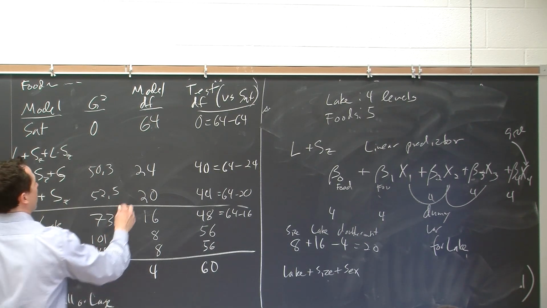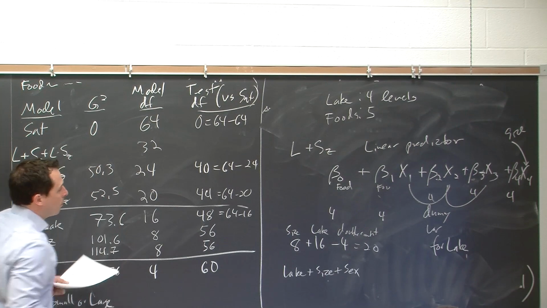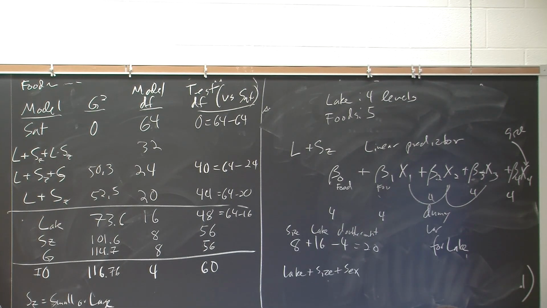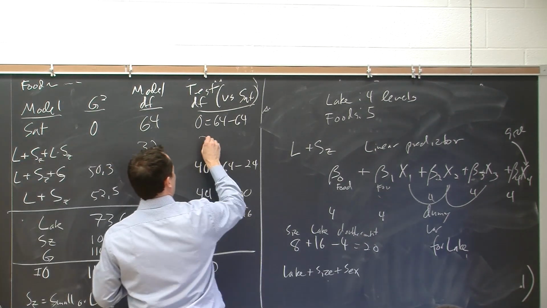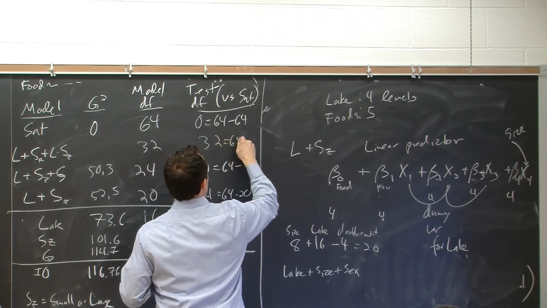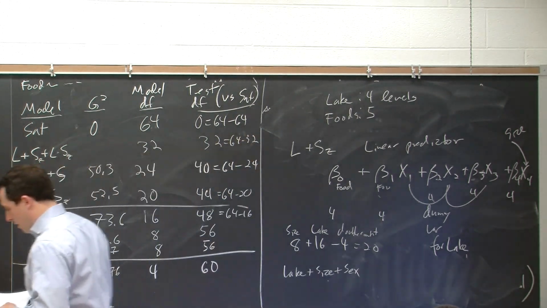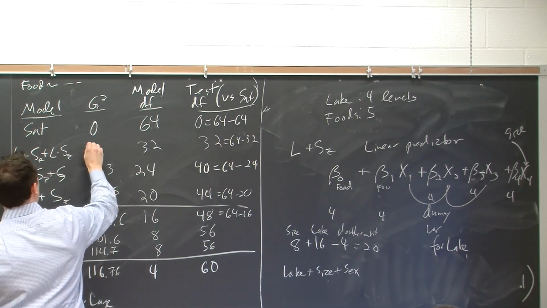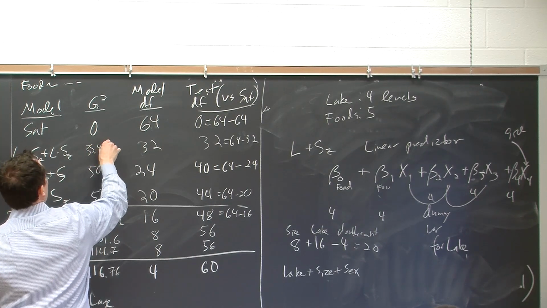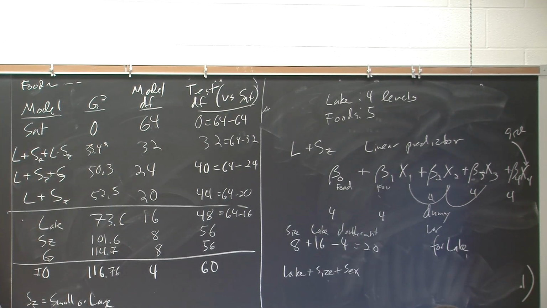And this one is 32, which is also 32. 64 minus 32. And this has a number, but it's not a good number because of the algorithm problems, the collinearity problems.